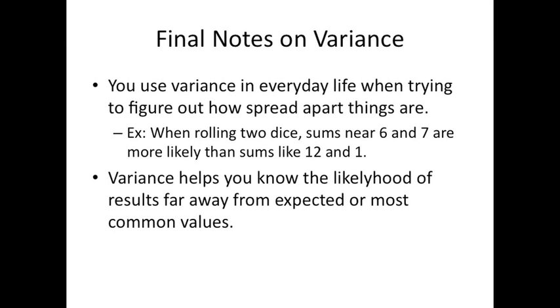Now, some final notes on variance: use variance in everyday life when trying to figure out how spread apart things are. An example is when rolling 2 dice, sums like 6 and 7 are more likely than sums like 12 and 1. Because when rolling 2 dice, you can't get a sum of 1. And to get a sum like 12, you would have only one possible combination, 6 plus 6.